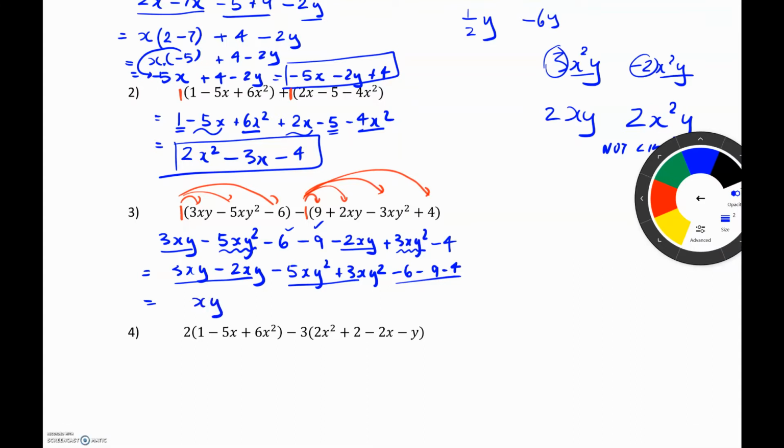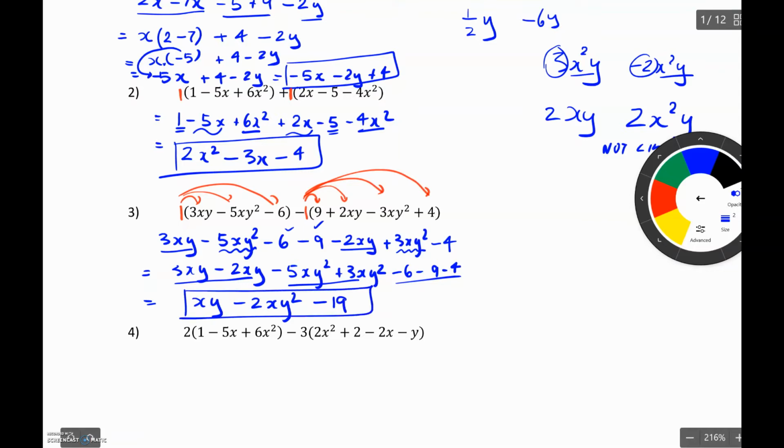Then negative 5 plus 3 is going to give us a negative 2xy squared, and then we combine the negative 6, negative 9, and negative 4 to give us a negative 19. So now that's correct.